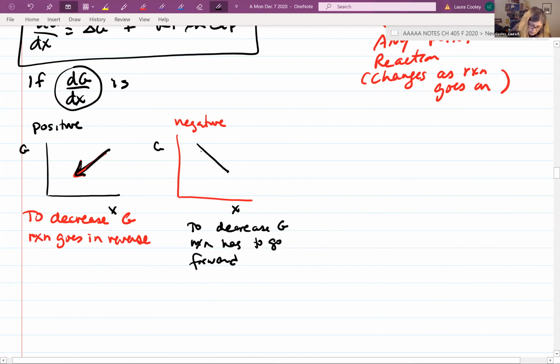It's like follow the down of the arrow, follow the direction that lets G decrease. And if dG/dx equals 0, then the reaction is at equilibrium.